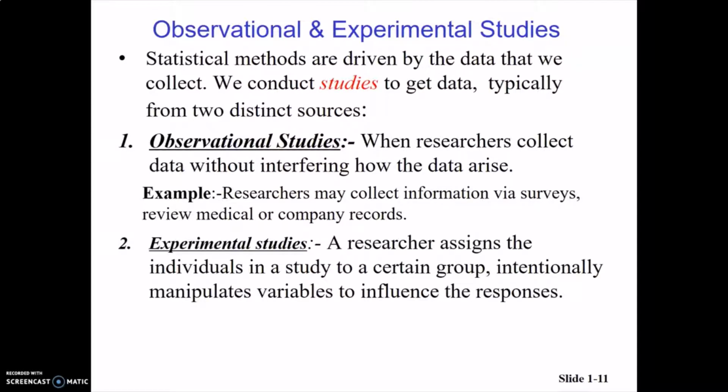The other study is called an experimental study or a designed experiment. In such a study, the researcher obtains the data by applying some treatment or some control, and then he obtains the information and collects the data. Such a study is called an experimental study.